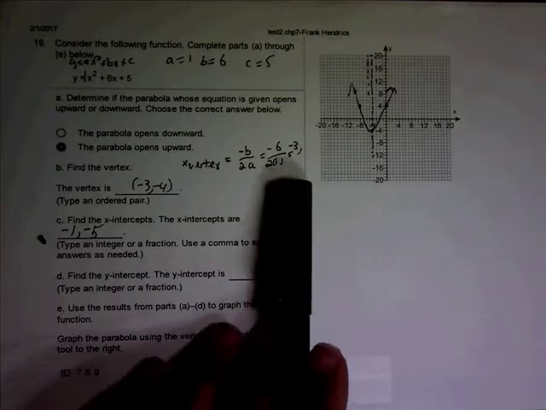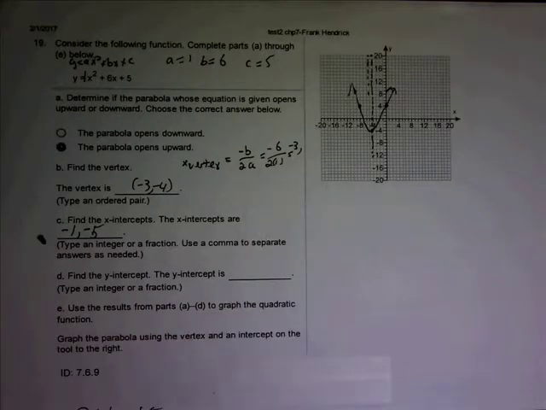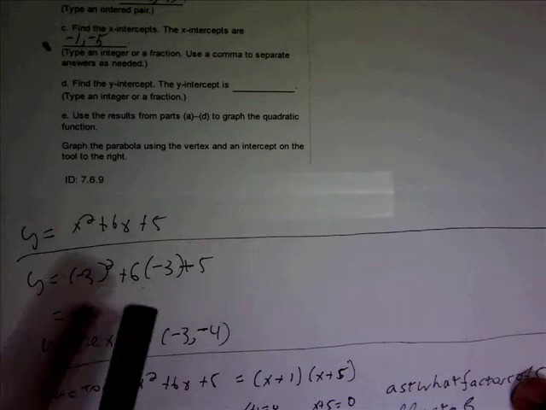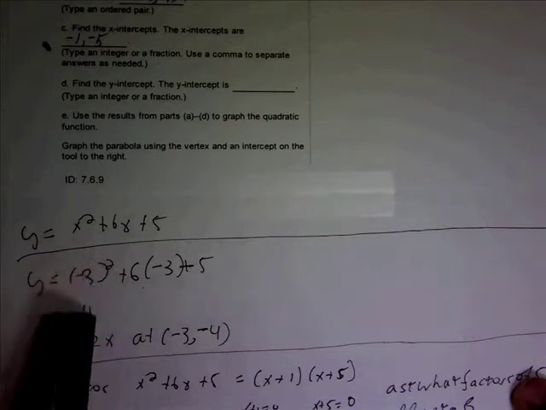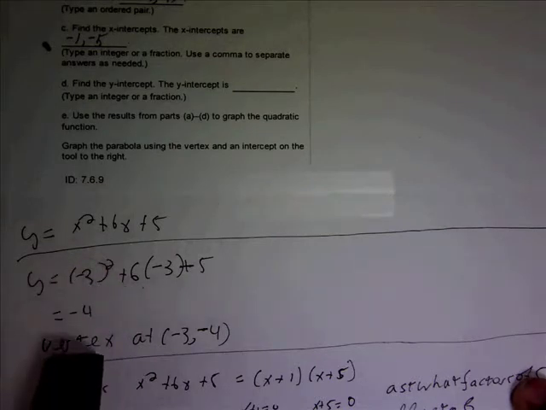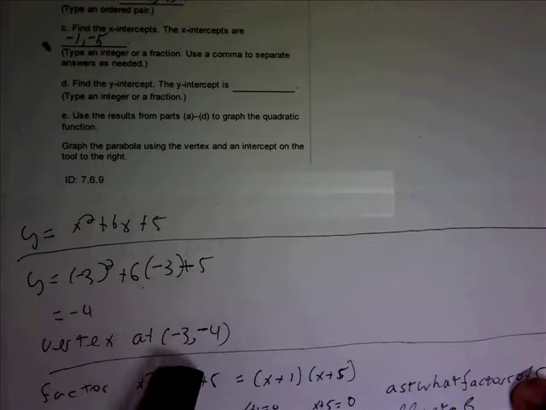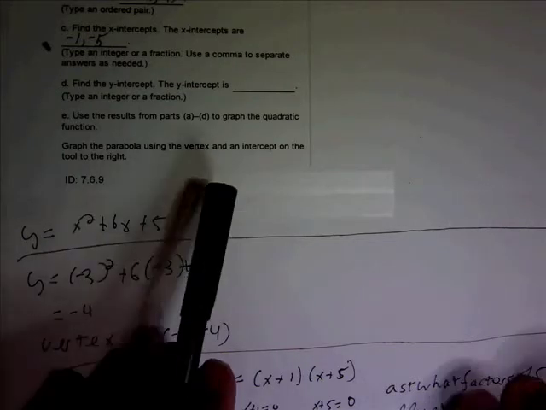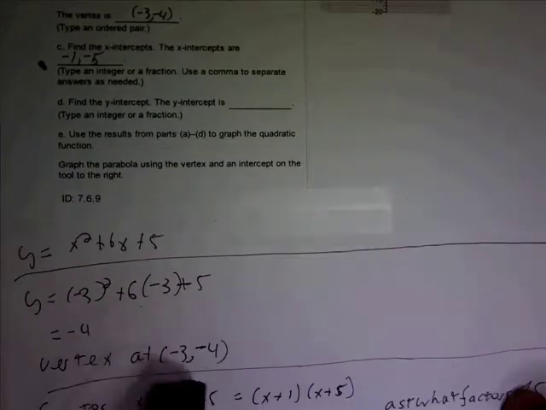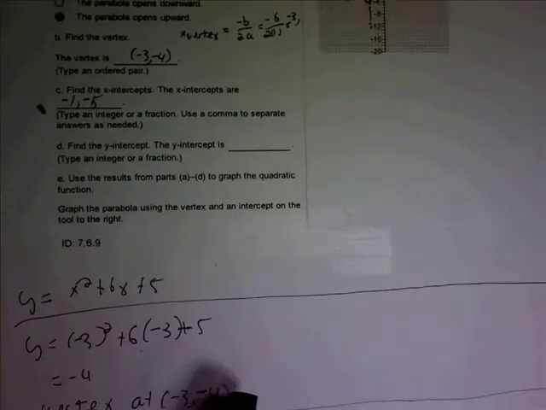The x coordinate for the vertex is -3. So I can plug that in and find out what the y coordinate is for the vertex. So the vertex is at -3, -4. That's where that comes from. I plugged it in here and found the y coordinate for the vertex.